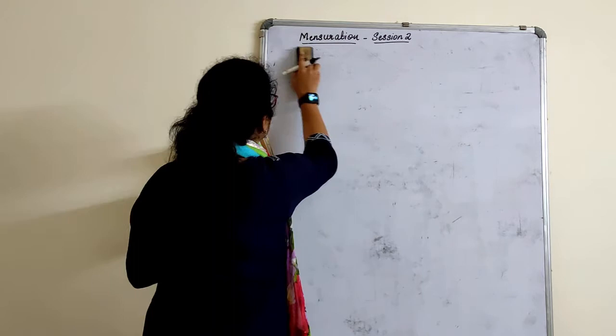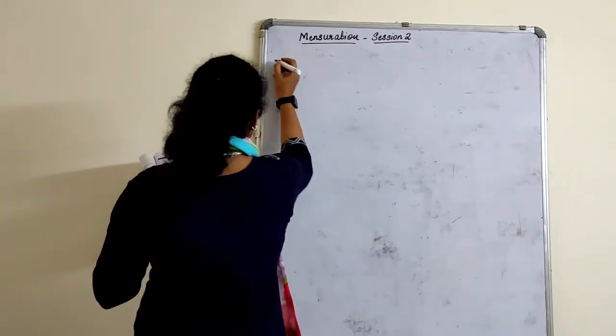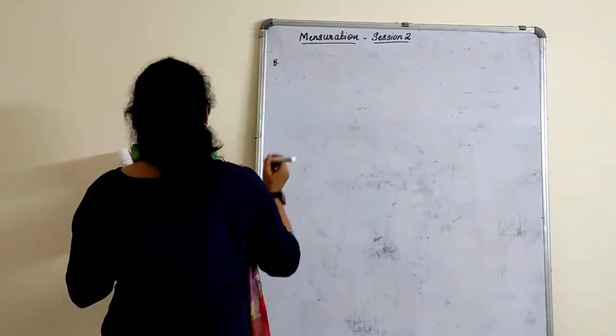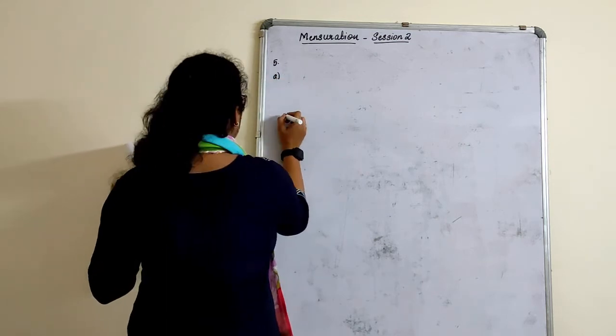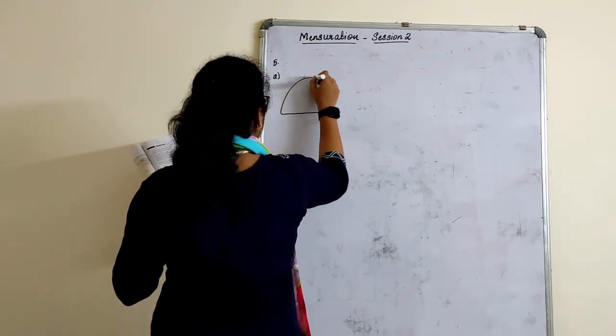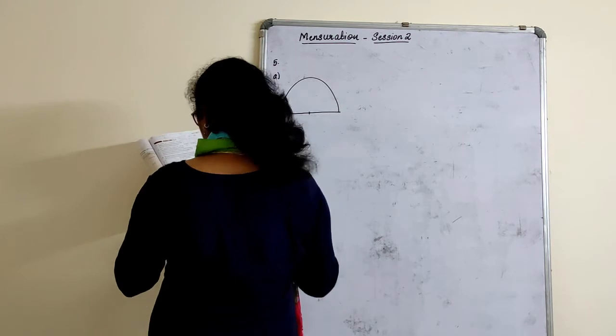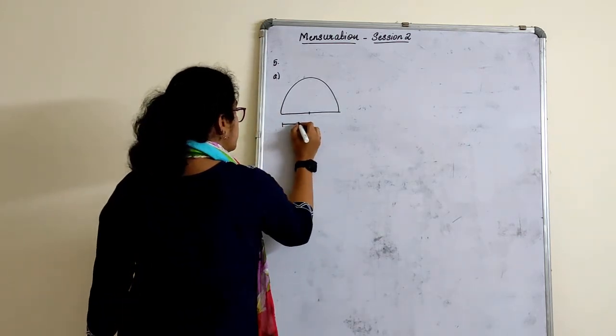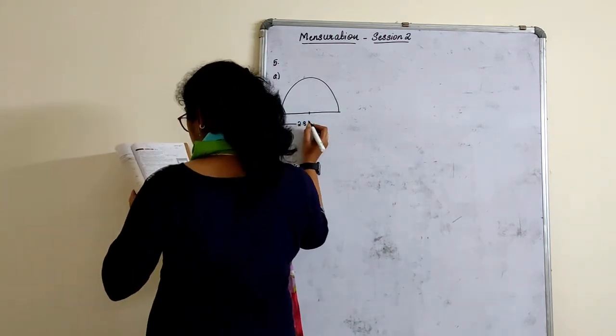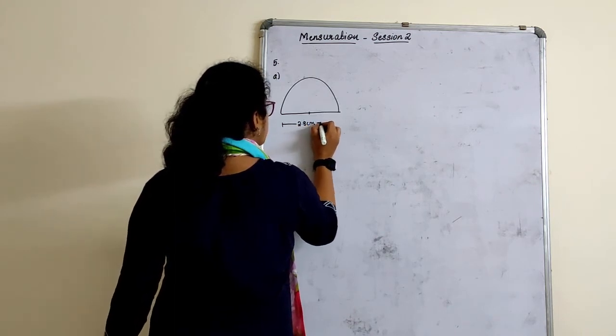Fifth one. So this is the figure given. It is circumference, children. So total measurement is how much? 2.8 centimeter.